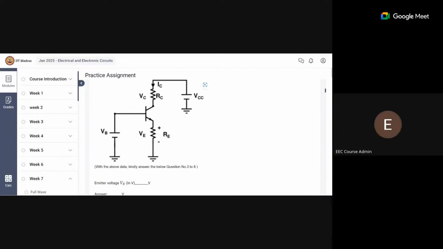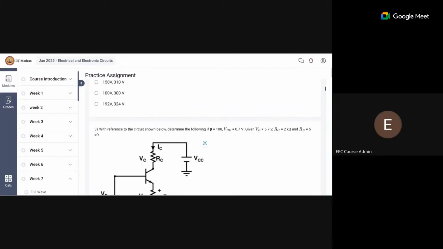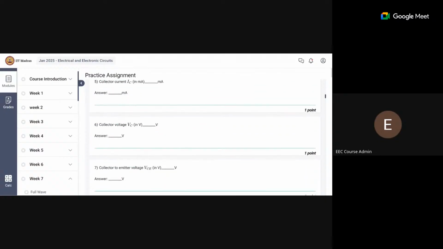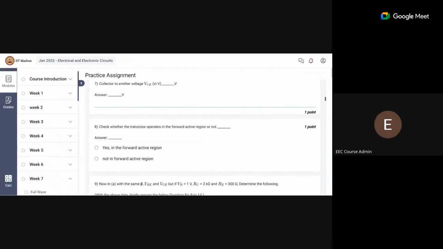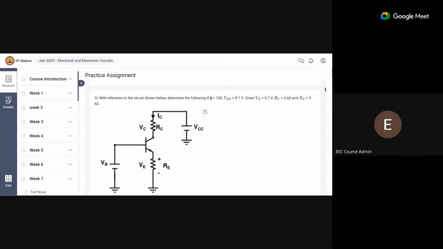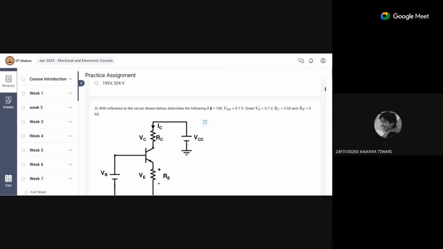Even in the circuit it's not given, and in the question statement also. Yes, ma'am, this would be missing, and I will check this. None of you have pointed it out. This VCC should be given. You can't do without that. This was a mistake. Also, I think in the question statement it was missed out.